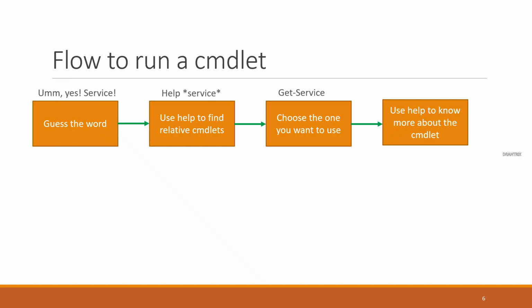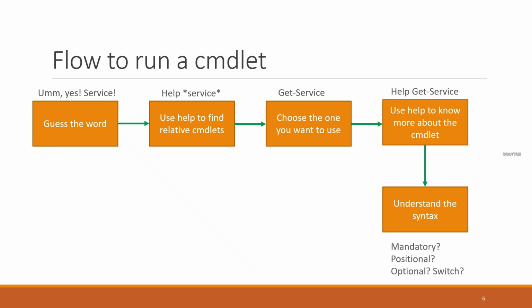Now use the help system to know more about the cmdlet. So help Get-Service. And you have to understand the syntax, whether it's mandatory, positional, optional, switch. In case you're directly coming to this video, and if you haven't watched my previous video where I have taught you about the understanding of syntax, just click on the right hand side, you will see the banner.